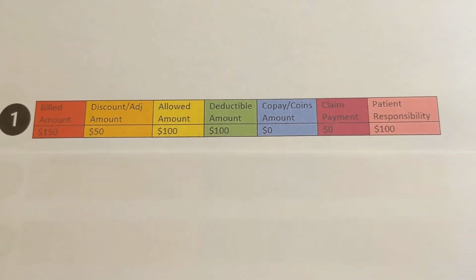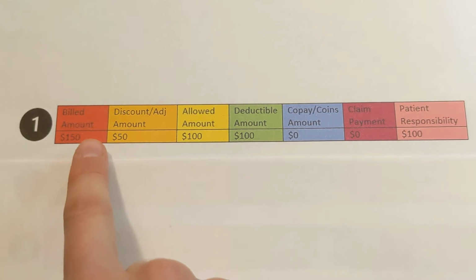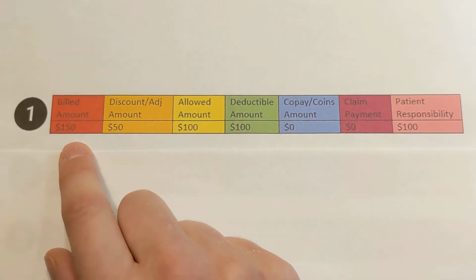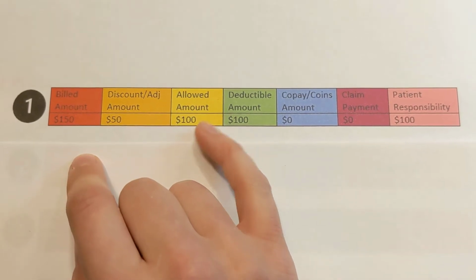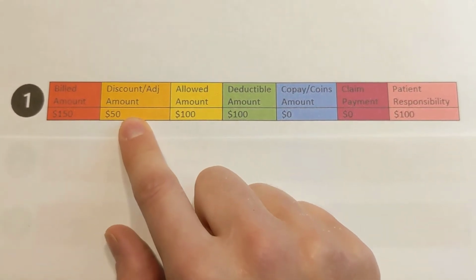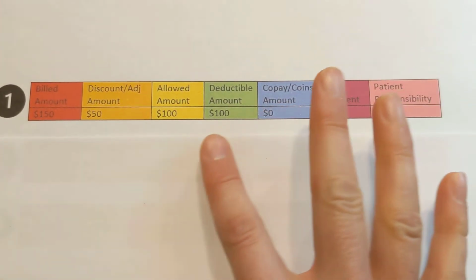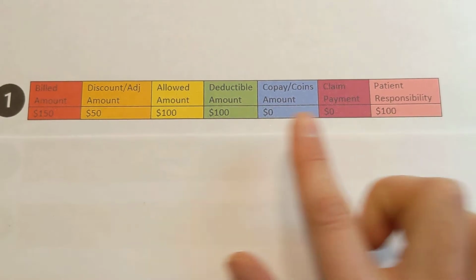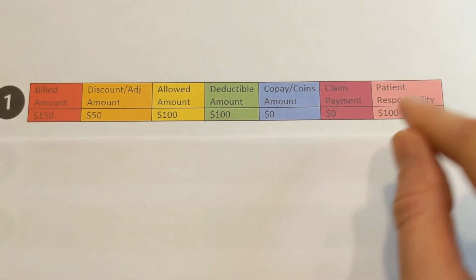So I'm going to slide down here. This is scenario number 1, completely made up. In this scenario, the billed amount is $150 and the allowed amount or contracted rate is $100. So the discount that you saved by using an in-network provider is $50. That's the difference between those, right? And then in this first scenario, I did this as somebody that has an in-network provider and has a deductible.